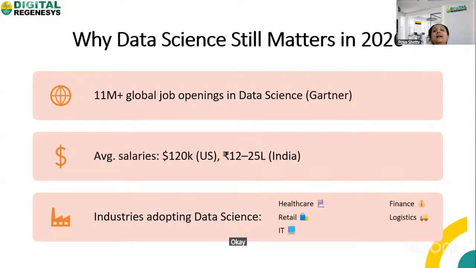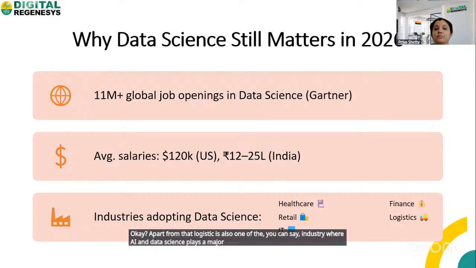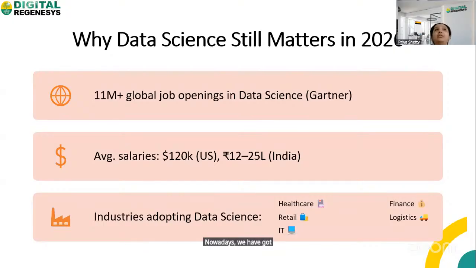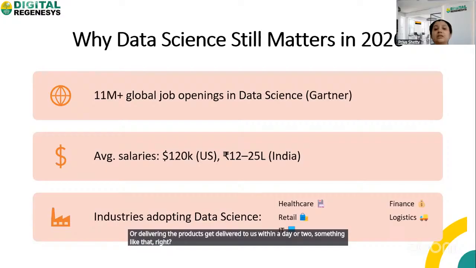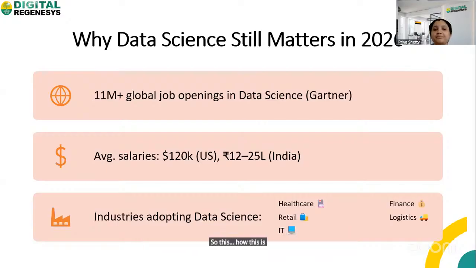Apart from that, there is also another industry where AI and data science play a major role. How? Nowadays, we have the system of home delivery, where products get delivered to us within a day or two, right? It is also reducing cost. How is this possible? This is possible because of data science.